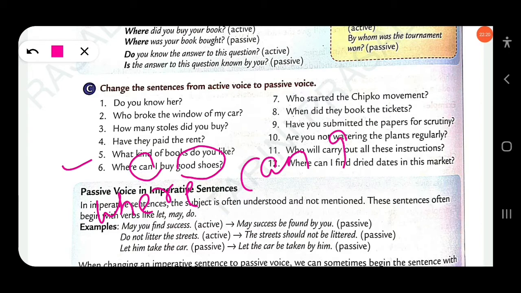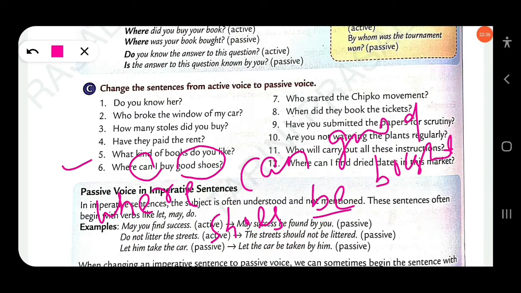Passive means the object will come here. Where can good shoes be, you know, if there is a modal, then be plus v3. So be v3, by: where can good shoes be bought by me.